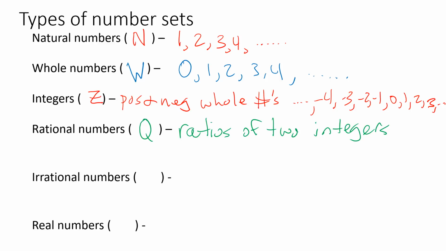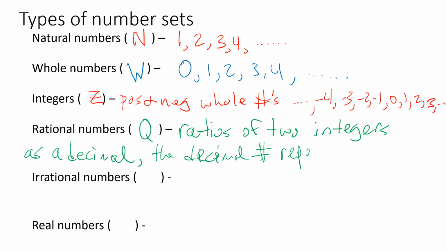Now, when you write a rational number as a decimal, they'll always have one of two conditions. As a decimal, the decimal number either repeats or terminates.